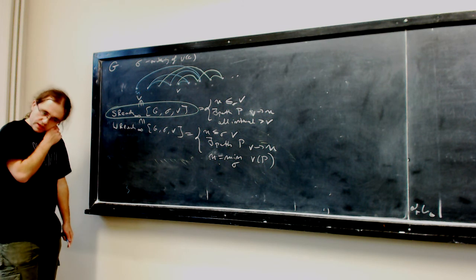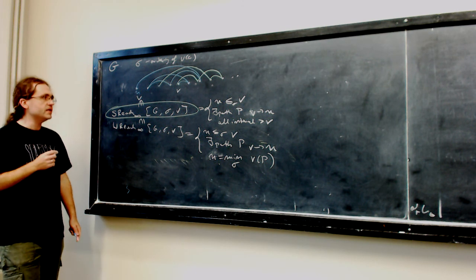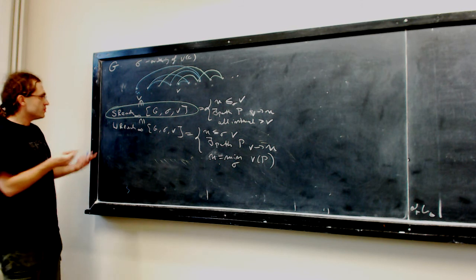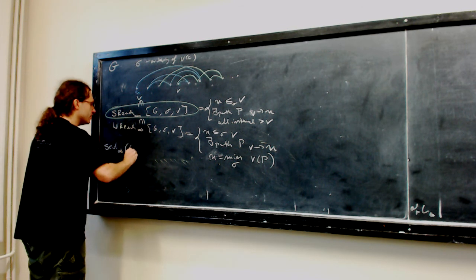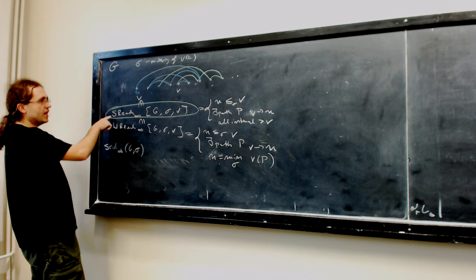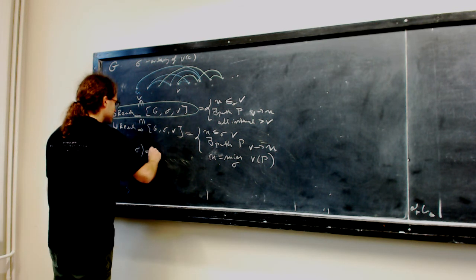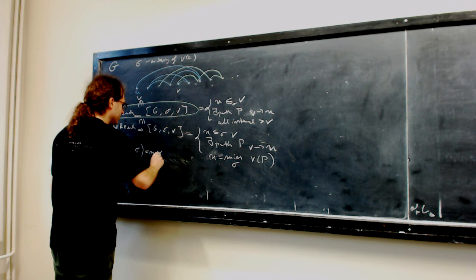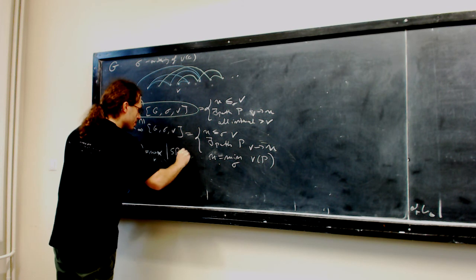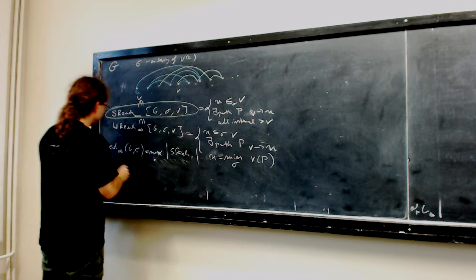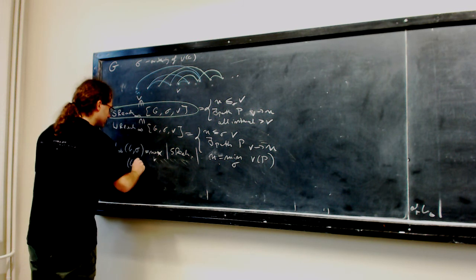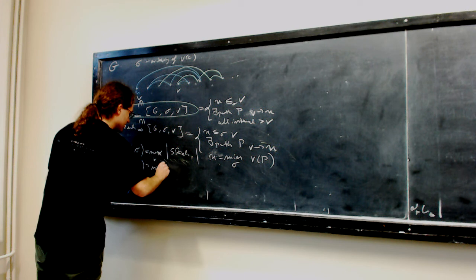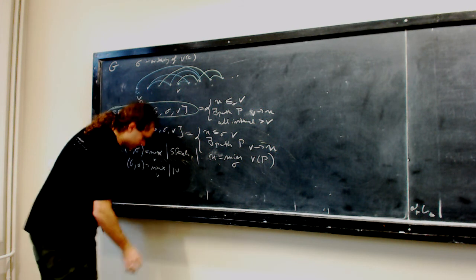What we were interested in was a measure like the strong coloring number of G and an ordering, which is the largest size, max over V of the size of this reach. And the weak coloring number of G and omega is the maximum over V of the size of the reach.